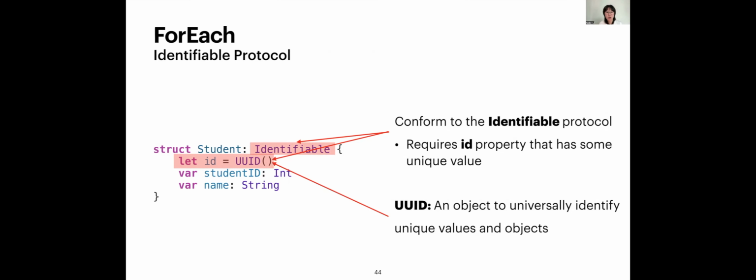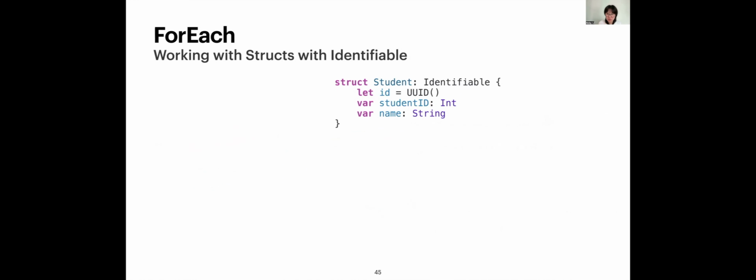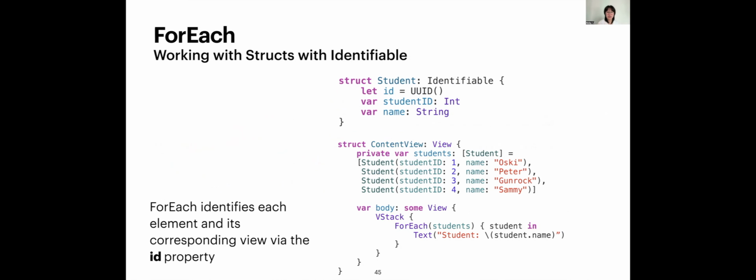If you're taking CS 161, you've probably seen UUIDs before. So when your struct conforms to Identifiable, ForEach can automatically identify each element by its id property. So you can just write ForEach(students) without specifying an id parameter. ForEach associates each text view with its student's id, which lets SwiftUI properly animate insertions, deletions, and reorderings.